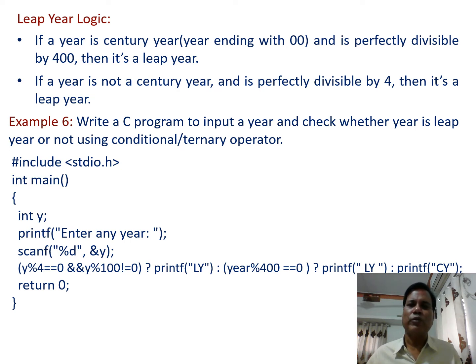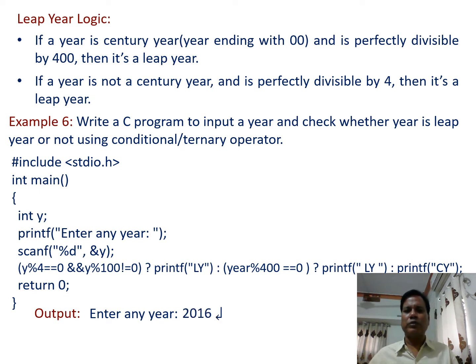When this program is run, the output shows "enter any year", and when the user enters 2016, if we divide this by 100, we do not get 0. It means this condition is true.